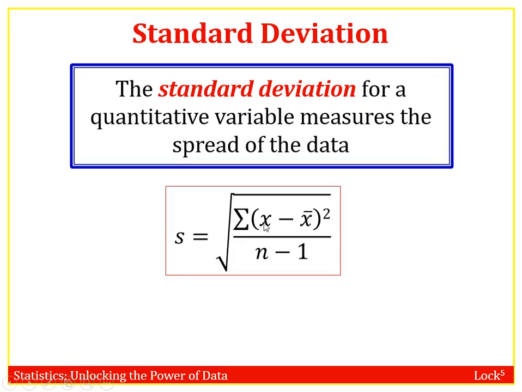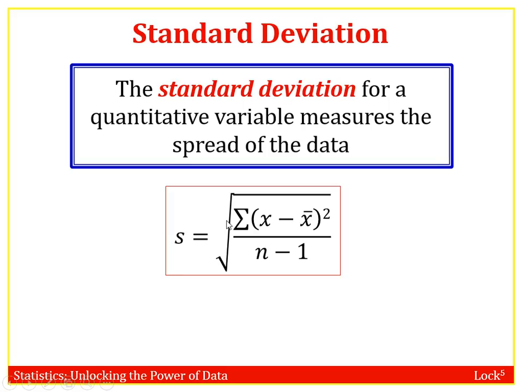After you take your data value minus your mean, you need to square that. Take your next data value minus your mean, square that. Your next data value minus your mean, and square that. And do that for all your data values. This funny looking E says you need to add all those squared numbers together. Then you need to divide it by your sample size minus 1, get that answer, and then take the square root.